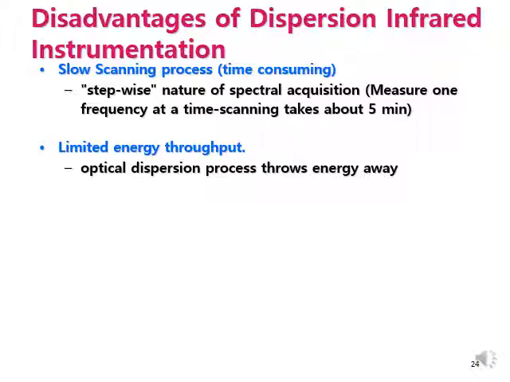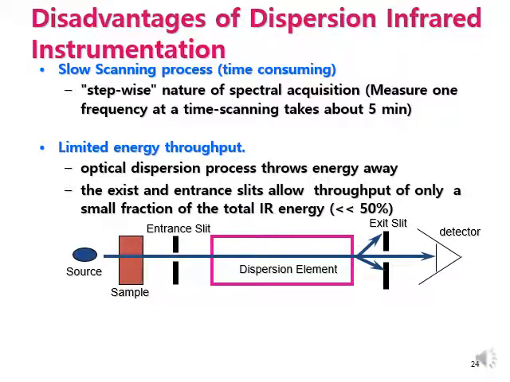Okay, and the other one is limited energy throughput. Basically, when you have dispersive infrared instrumentation, we will have this kind of problem, which is that the energy is dispersed. The energy from the source will disperse to other places. It will not pass exactly through the exit slit.